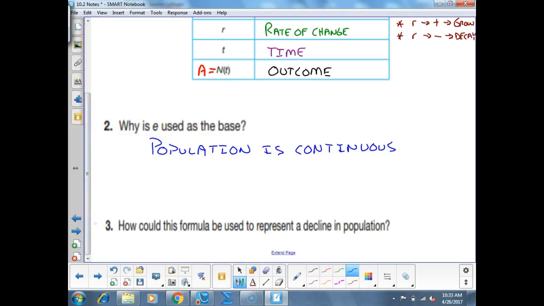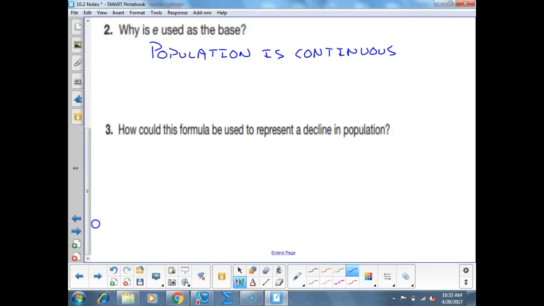How would this formula be used to represent a decline in population? What would we change in our formula to make it a decline in population or a decay of population? We'd have to have a negative exponent, so R would be negative. T wouldn't be negative because we're not looking back in time.